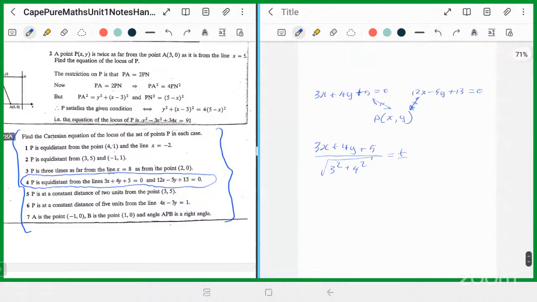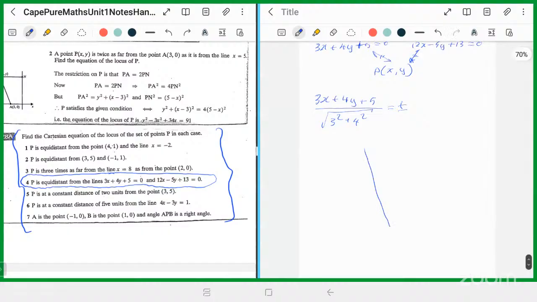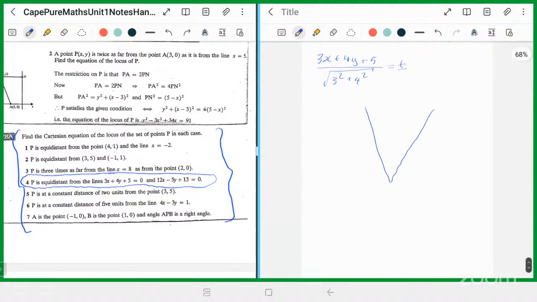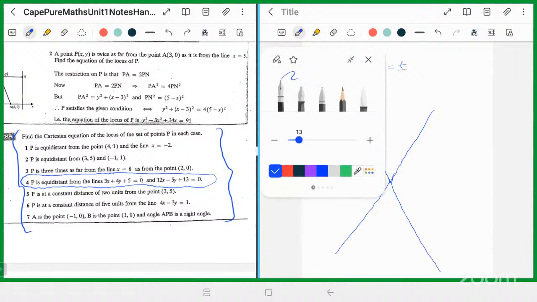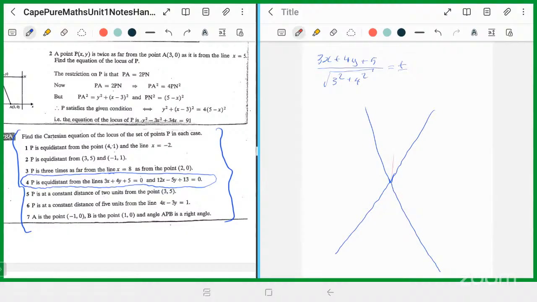Because when you have two lines like this, guys, the line that is equidistant from the two of them can continue down so. One line would be a line passing between them like here. This line will be equidistant between them.